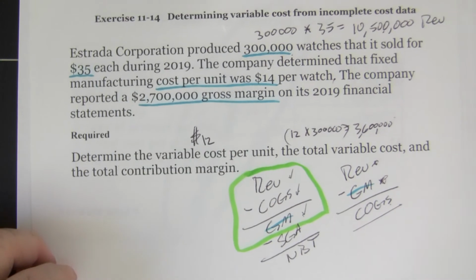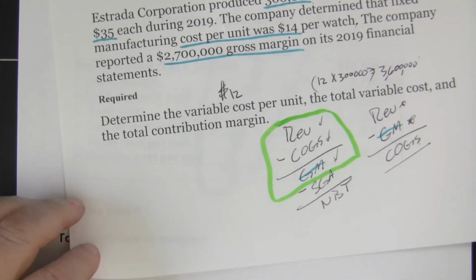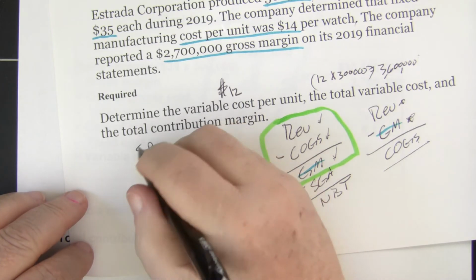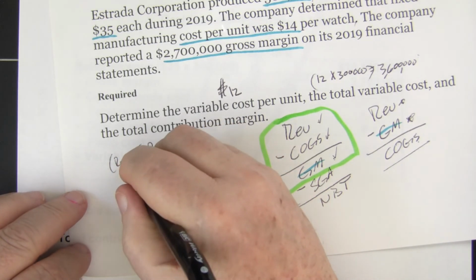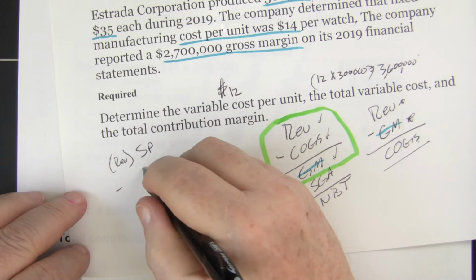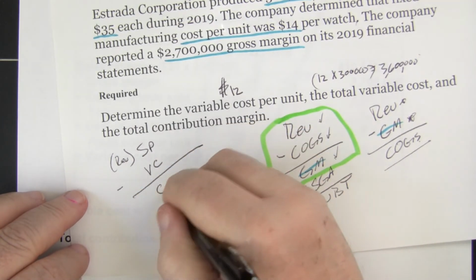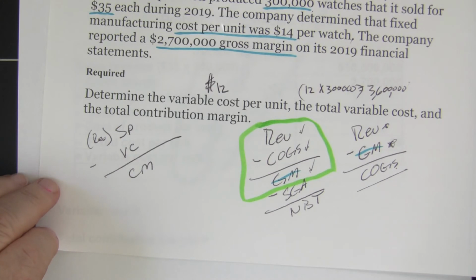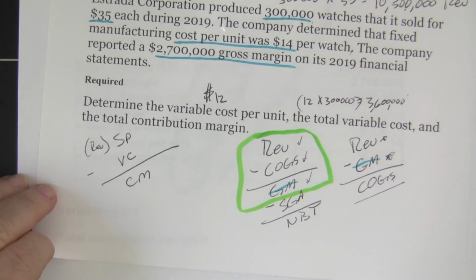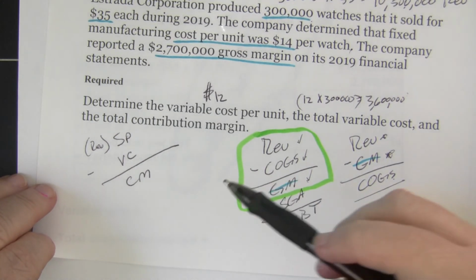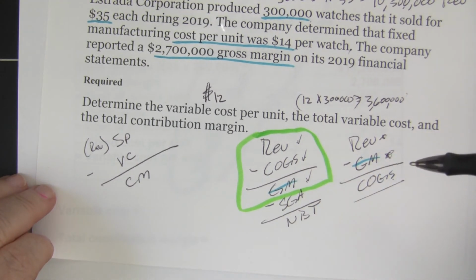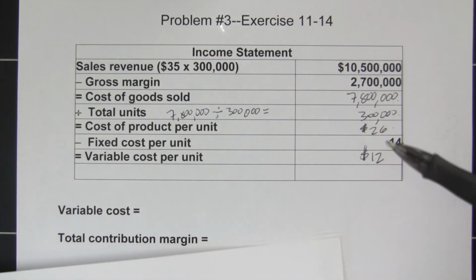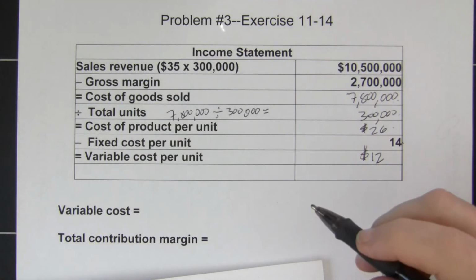And the total contribution margin, and remember, contribution margin is selling price, which we also call revenue, minus variable cost equals contribution margin. So, do we have all of those pieces? We do indeed. We have the selling price. We have the variable cost.